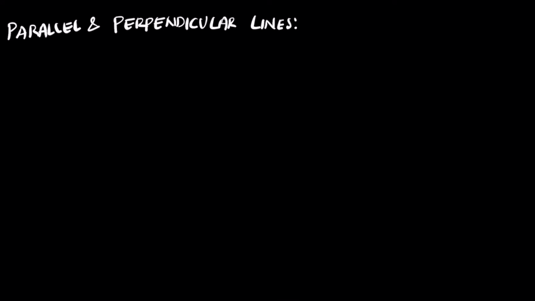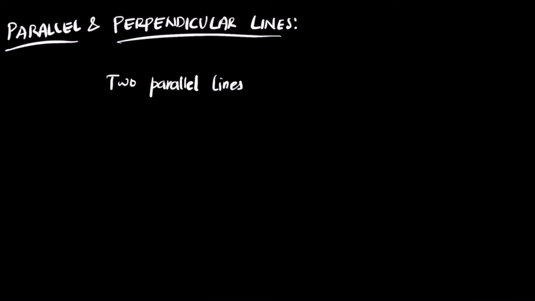Next, let's discuss parallel and perpendicular lines. When you have two slopes or two equations, how do you find whether they are parallel or perpendicular? Any two parallel lines will have the same slope.